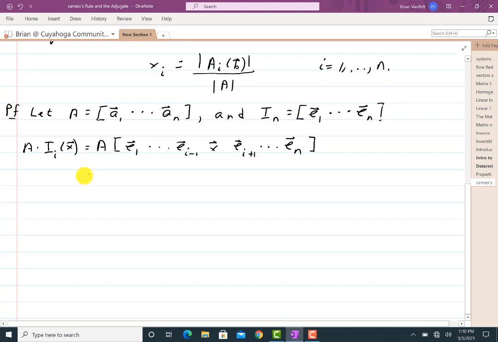And now we can go ahead and multiply the A through to each and every one of these vectors.